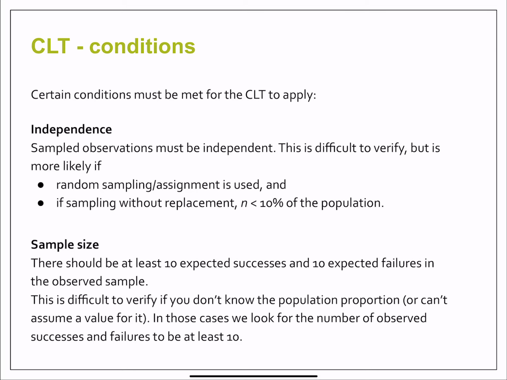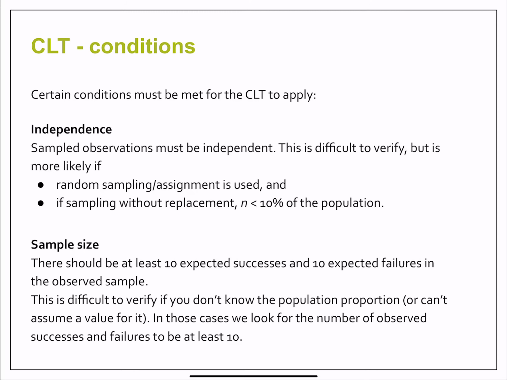And if we don't already know the population proportions, we can assume a value or guess a value, or we can just look at what we're sampling and look for at least 10 successes and failures, right? So we start doing the sample, and we don't stop until we get at least 10 successes and 10 failures, right? So that's what we would want to do.